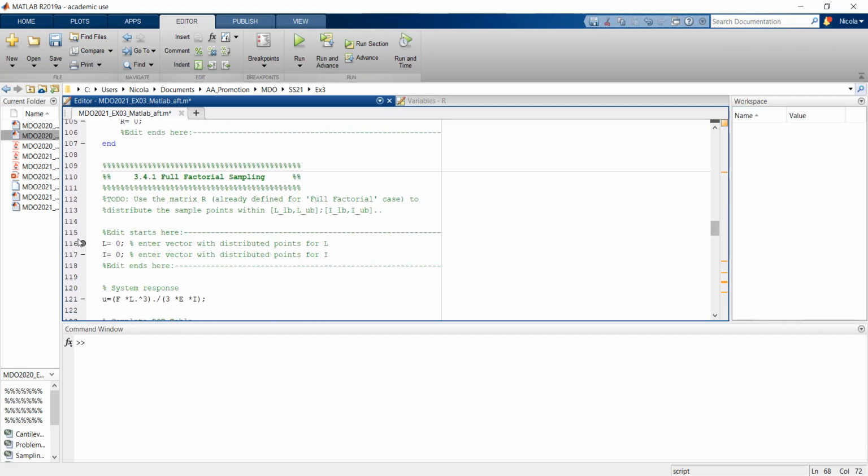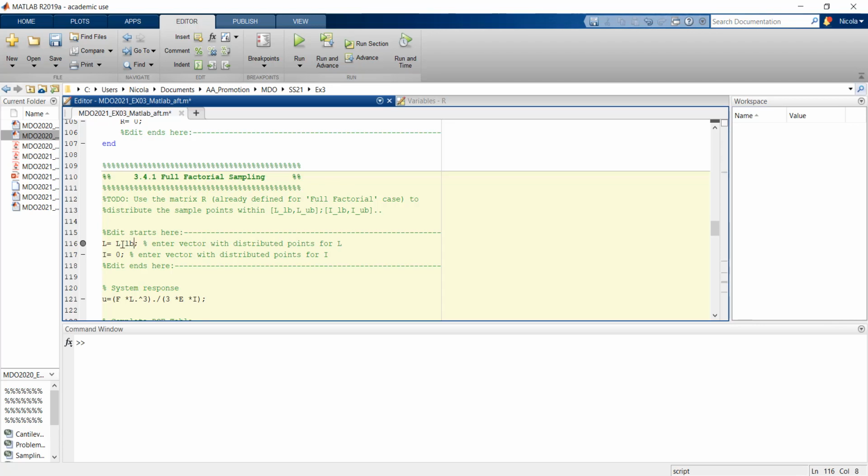So we go to line 116, and for now we got R, which is a matrix with 2 columns where all the different combinations of the 2 variables are given, but they are only between 0 and 1. So now we have to move them to be between the boundaries of the design space that we actually do have.